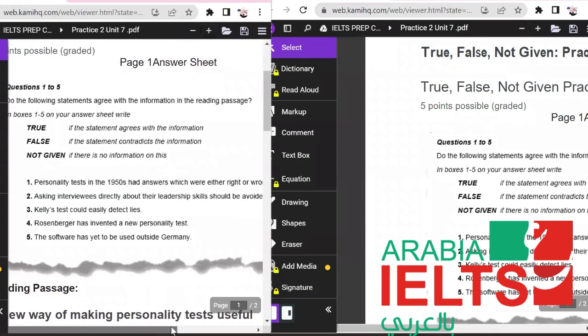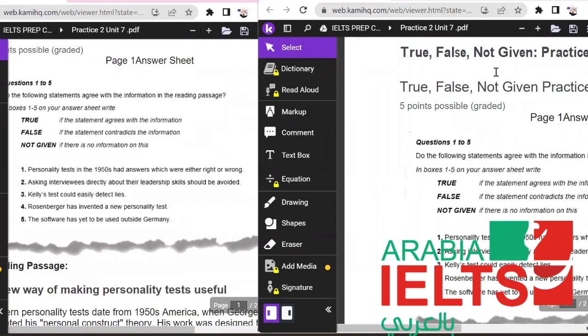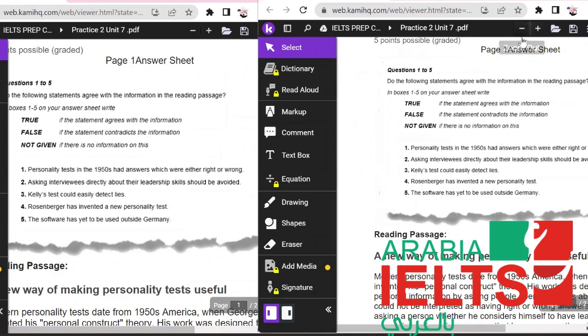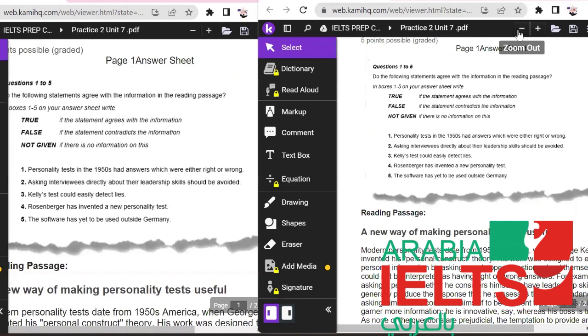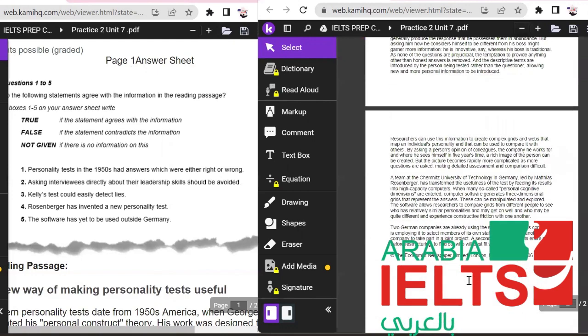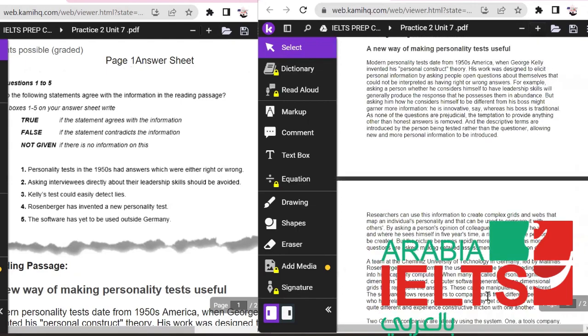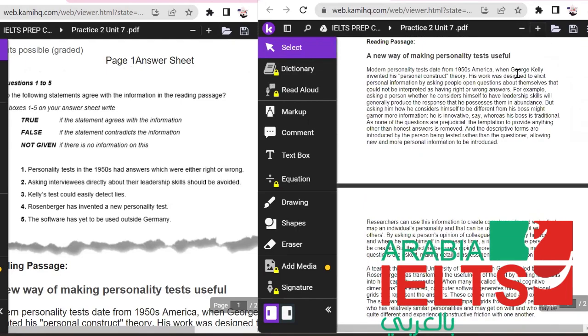But before that, just give a quick look to understand what they're talking about, the idea, how the paragraphs are distributed, the main ideas. Just quickly skim it, and then we will discuss the statements. I know it's small. I understand the problem with small stuff. I'll give you just a minute.